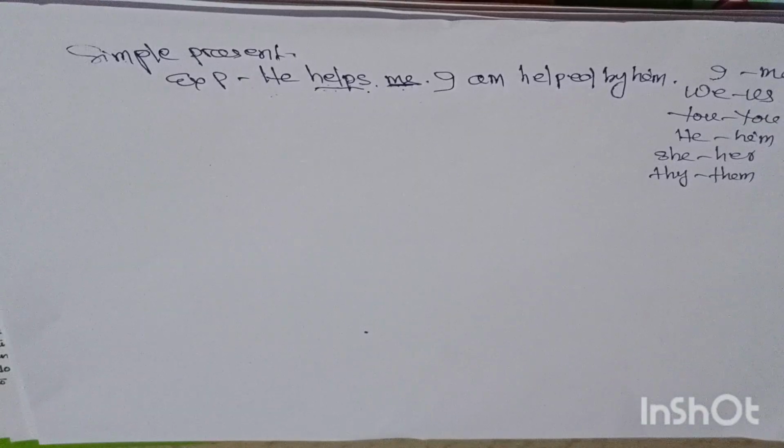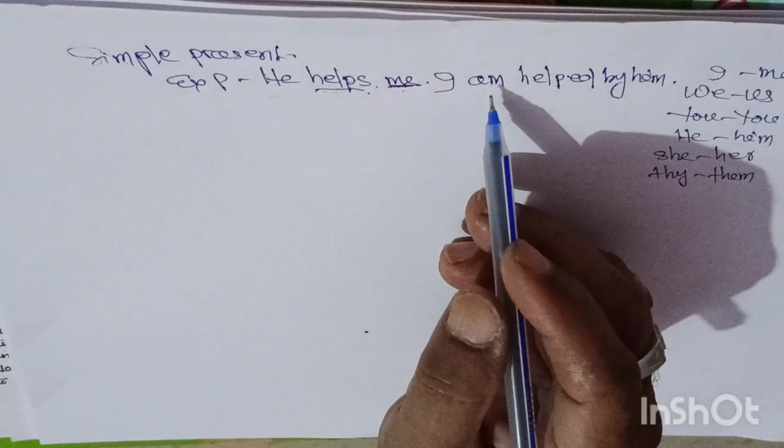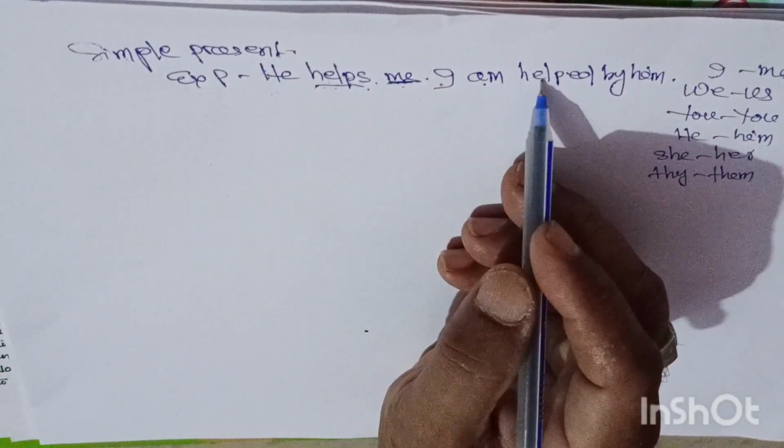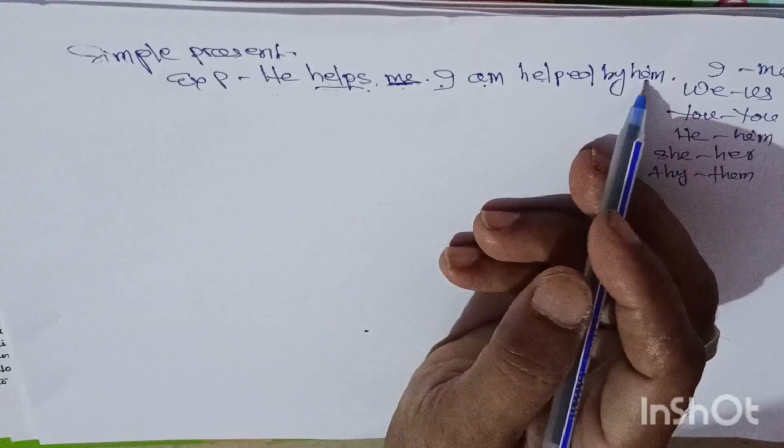So put the object first. Then you remember the rules. What are the rules that act upon passive? As that sentence is in simple present, the continuous helping verb or auxiliary verb is placed. So I am helped by him.